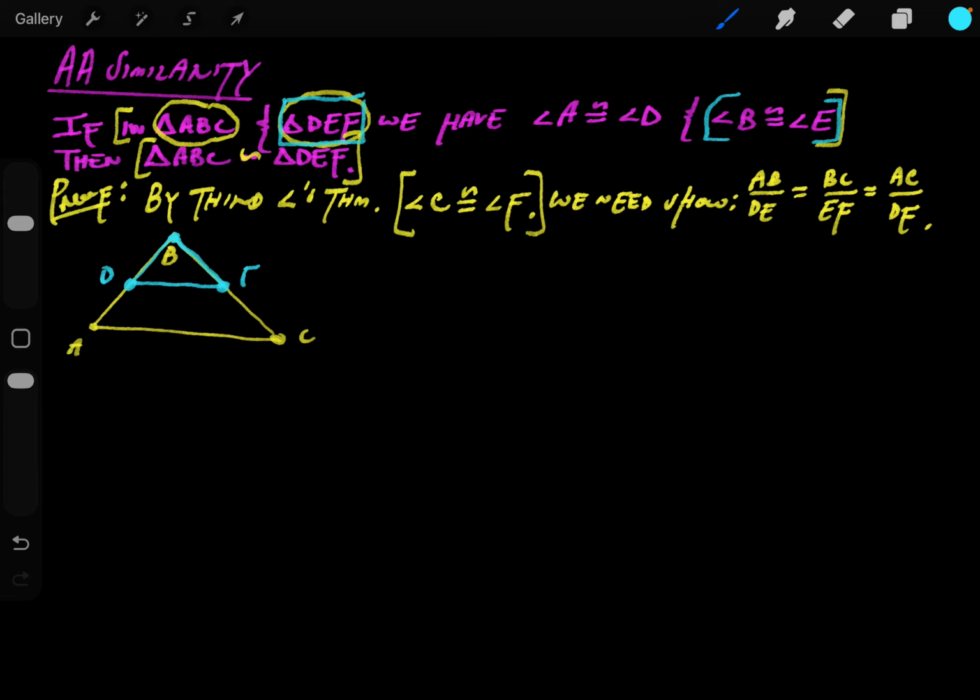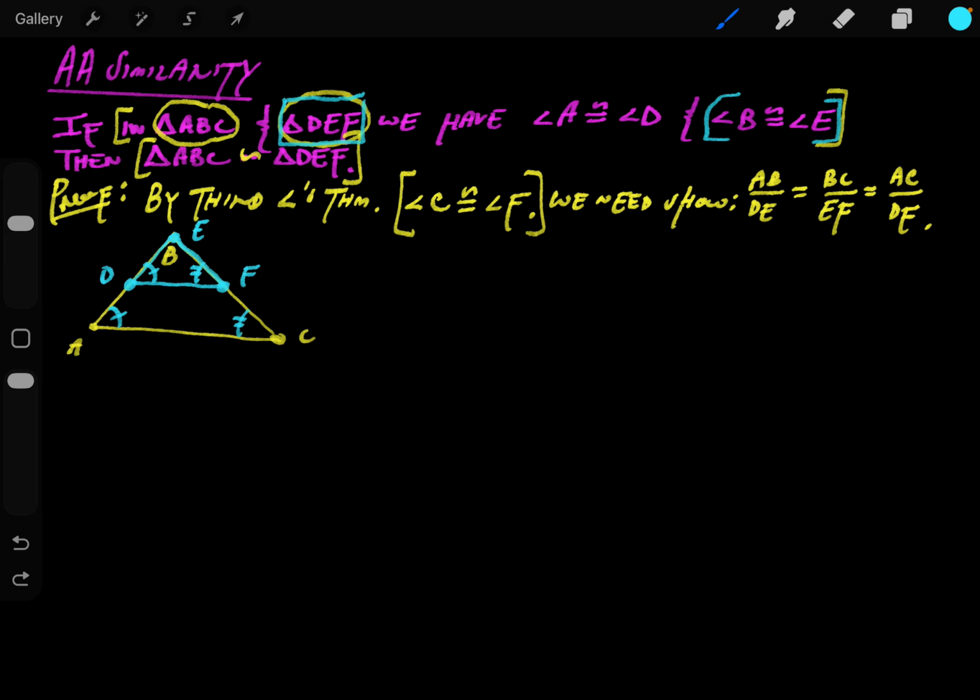And again, we're going off of the idea that ABC is bigger than DEF. We know that A is the same thing as D, and we just showed F is the same thing as C. And of course, we started off with the idea that B is the same thing as E, right? That's how we were able to overlap.